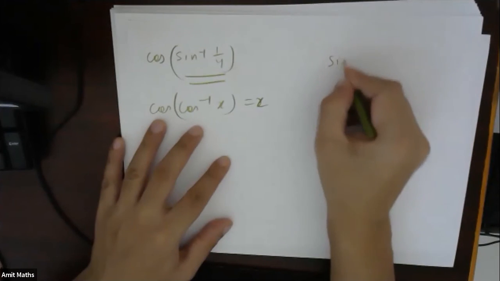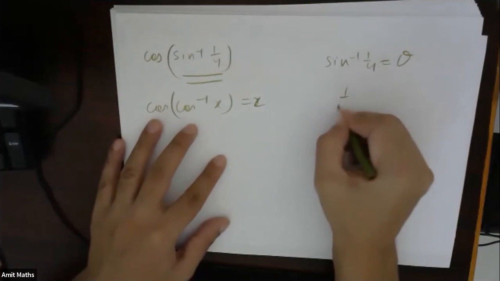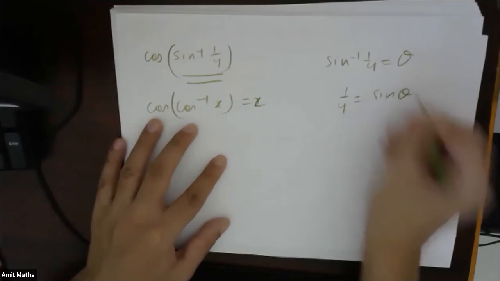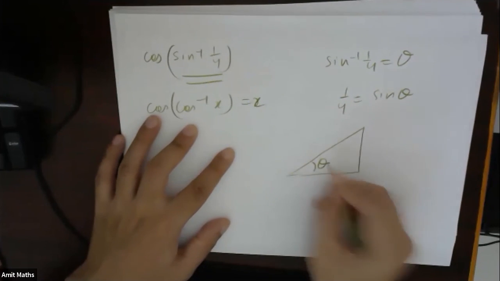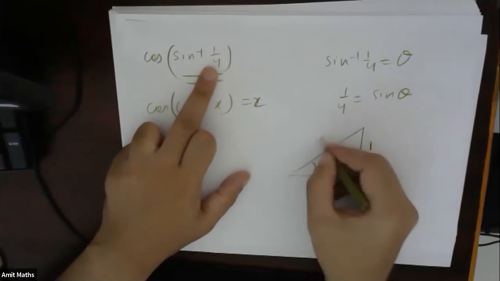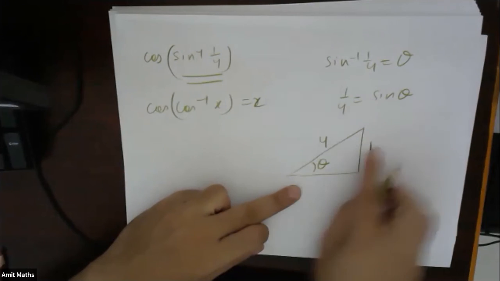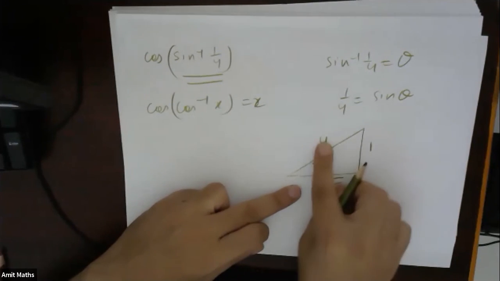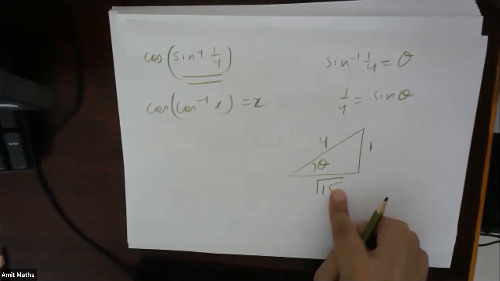I will take sine inverse of 1 by 4 equal to theta. So 1 by 4 is equal to sine of theta, right? So this is theta and this is 1 by 4. So the height is 1 and the hypotenuse is 4. So what is the base? Base is root of 4 square minus 1, 16 minus 1, 15. Root of 15. Everybody understood?